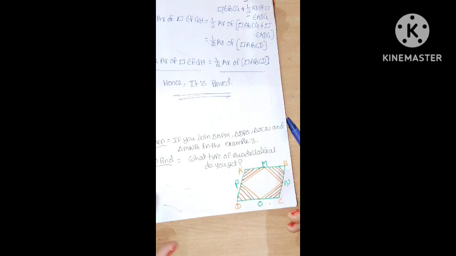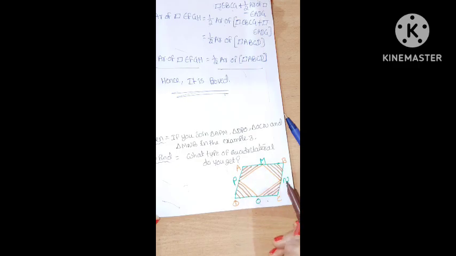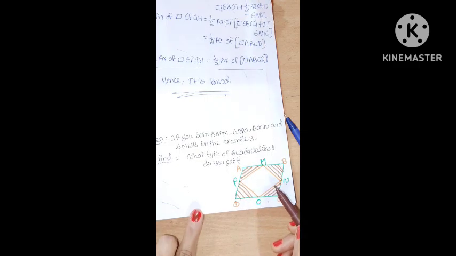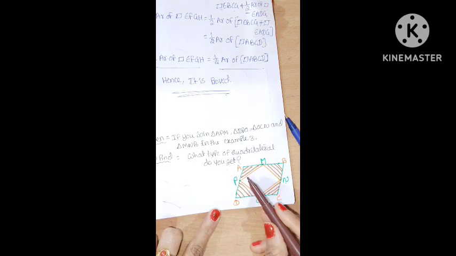Okay, what will we get? After joining all these triangles in Example 3, what type of quadrilateral do we get? What type of quadrilateral will we get?